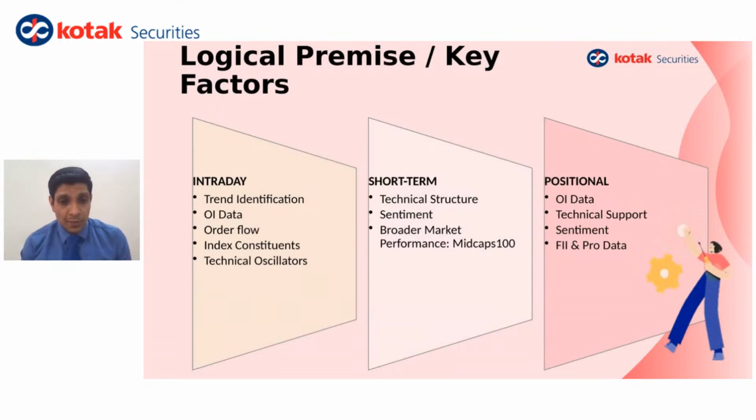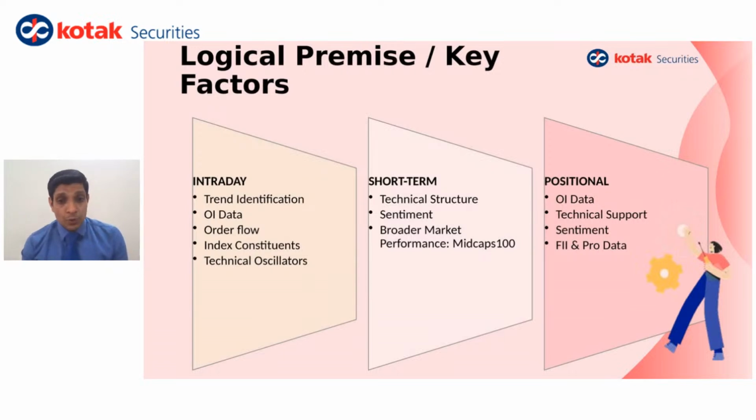Or when you take a strategy based on these parameters. And for positional traders, obviously the overall OI data, technical support, where is the support for Nifty? For example, if Nifty is trading at, let's say, 18,500 or something, and then you see the support is at 18,200, you can keep that as the stop loss and go ahead with a long trade.